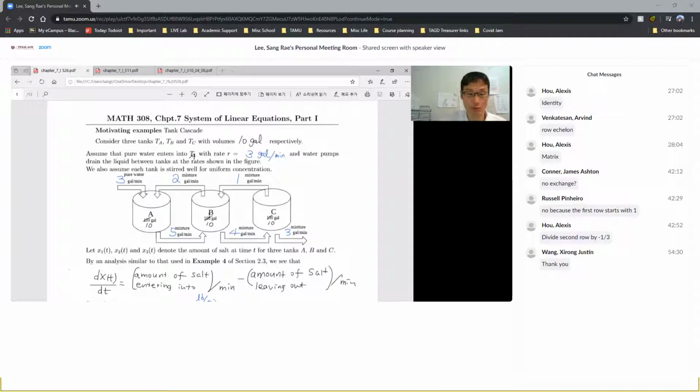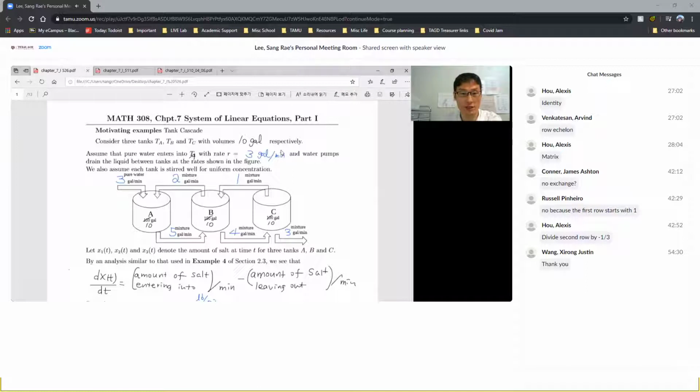One quick motivating example is tank problems. Some amount of pure water is getting into tank A with a capacity of 10 gallons, and then water pumps are operating to circulate water between tanks. For example, 2 gallons of salt water per minute from B to A and so on.